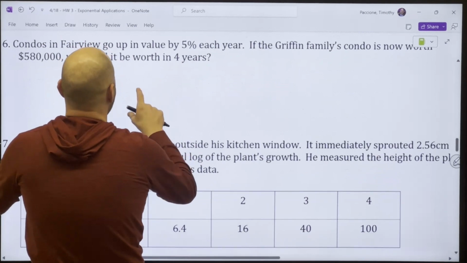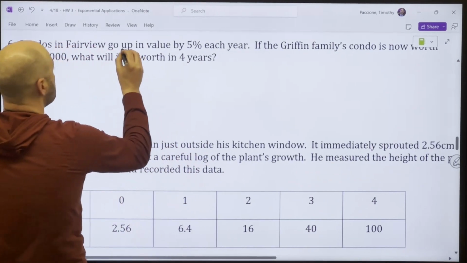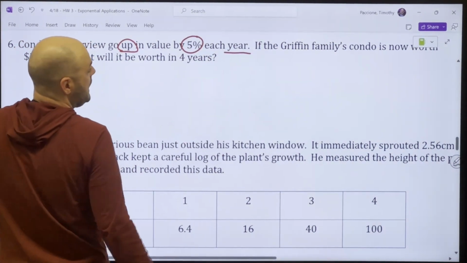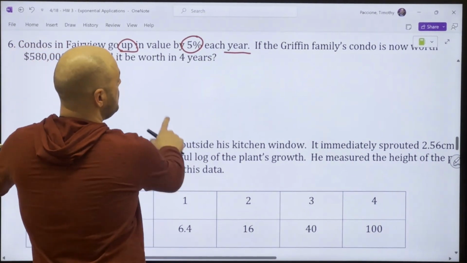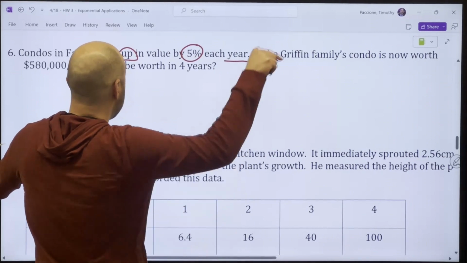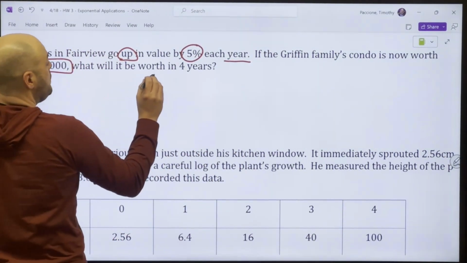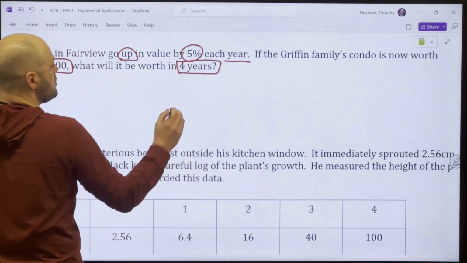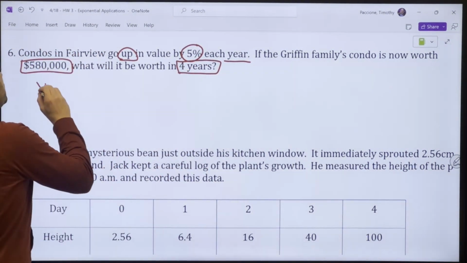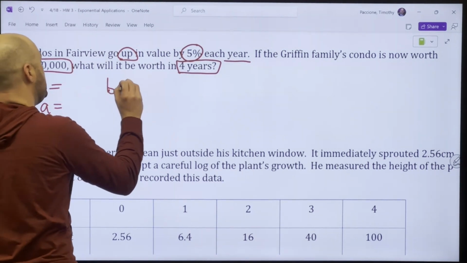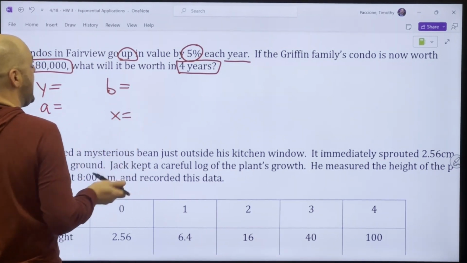Okay, condos in Fairview go up by a value of 5% each year in the Griffin family's condo. If the Griffin family condo is now worth $580,000, what will it be worth in 4 years? Okay, so I'm doing my little check here. Y, A, B, X, and I'm going to see what I got.